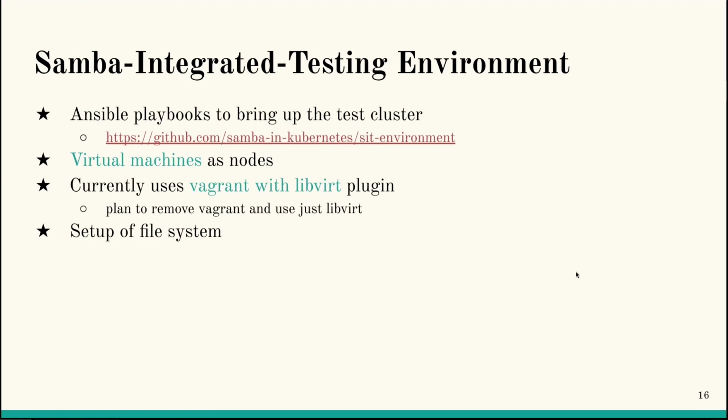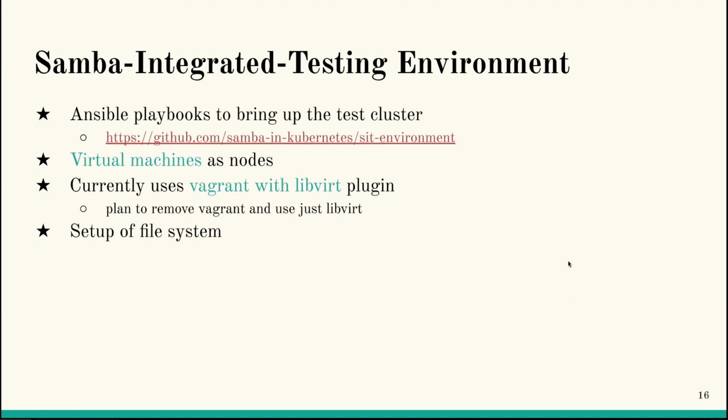Coming to the Samba integrated testing environment, this is another individual repository which contains all the Ansible playbooks that are being used to bring up the cluster. Individual nodes that we bring up for the cluster creation are virtual machines. And these virtual machines are created using Vagrant along with the libvirt plugin.